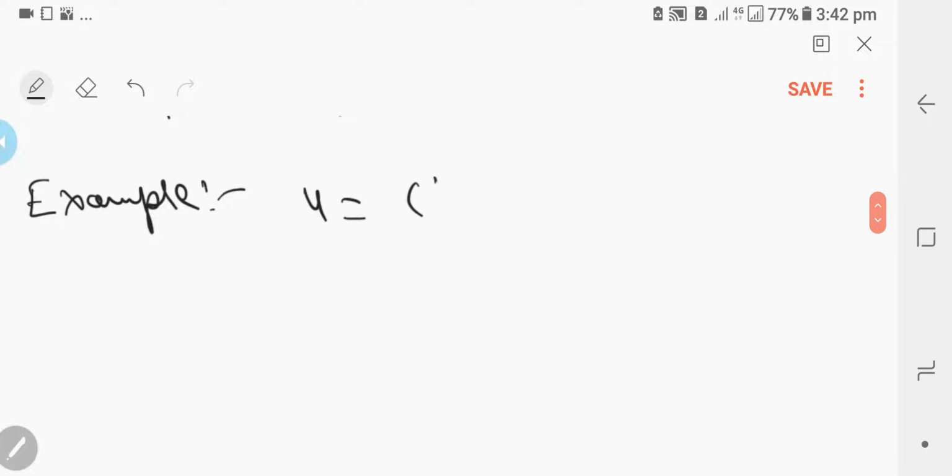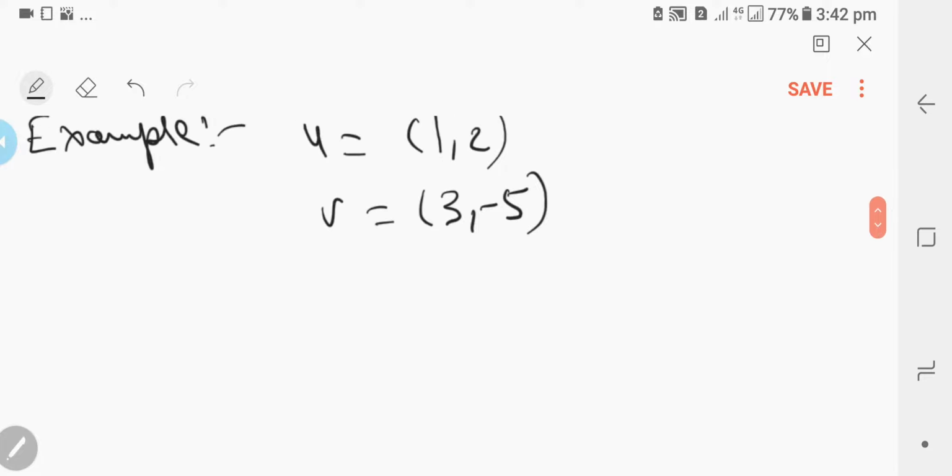We have u equals (1, 2) and v equals (3, -5), and we have to check whether these vectors are linearly dependent or independent. There are two ways to check it. We can make a matrix of these vectors and check if the determinant is 0 or not.